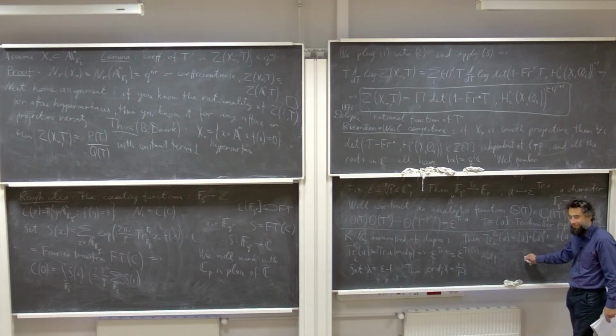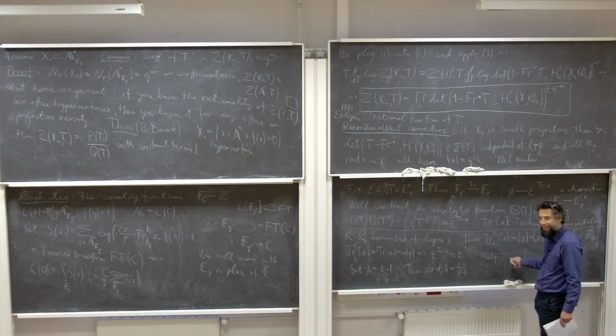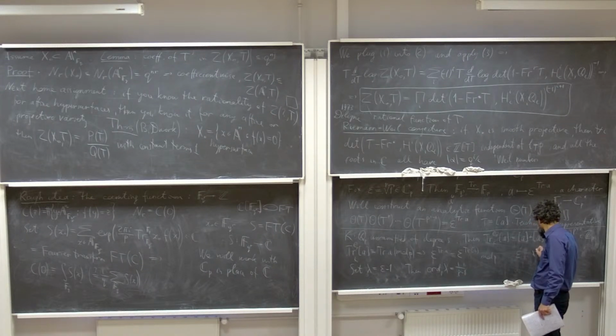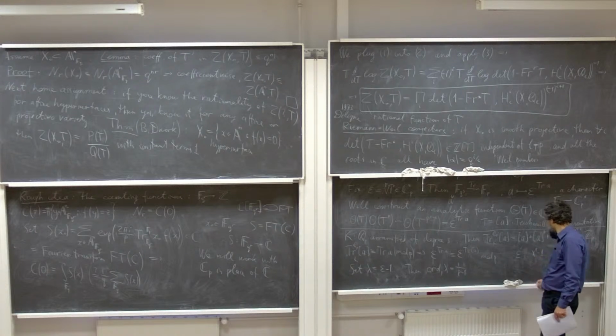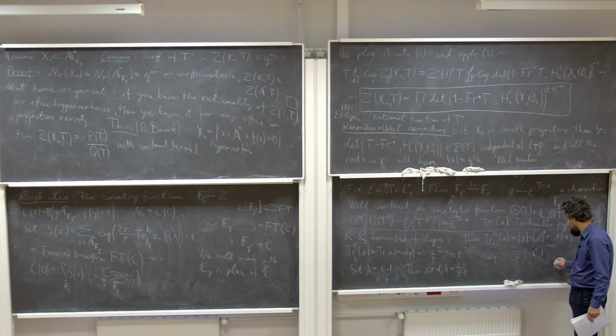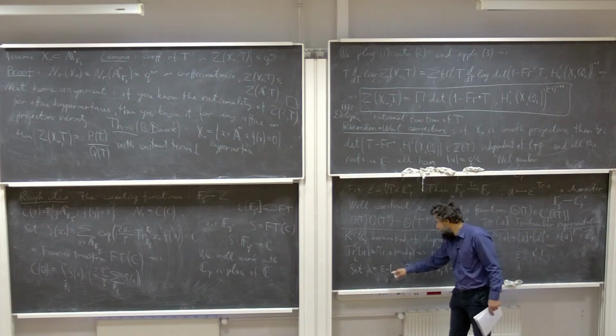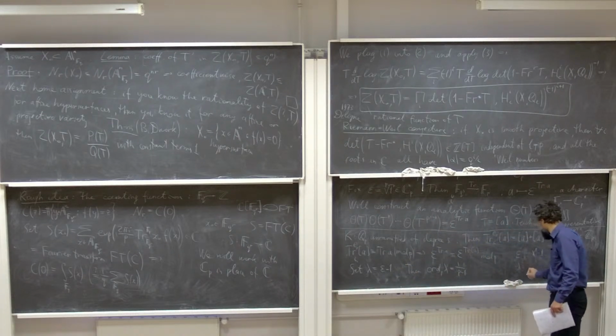So what do you say once again? Well, epsilon was the root of x to the power p minus 1. And lambda is epsilon minus 1, so it's a root of what?